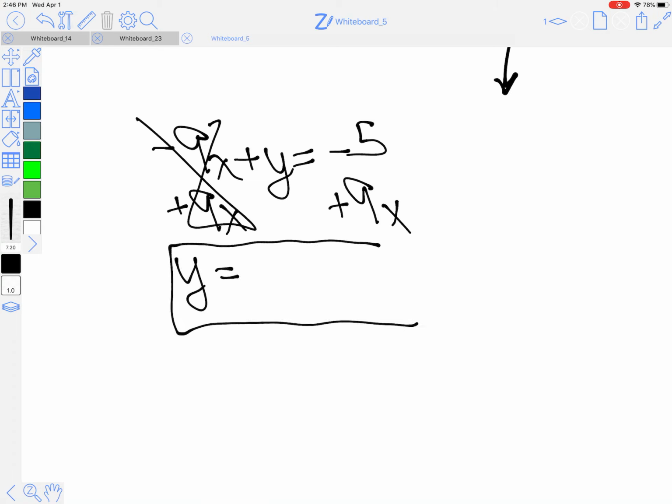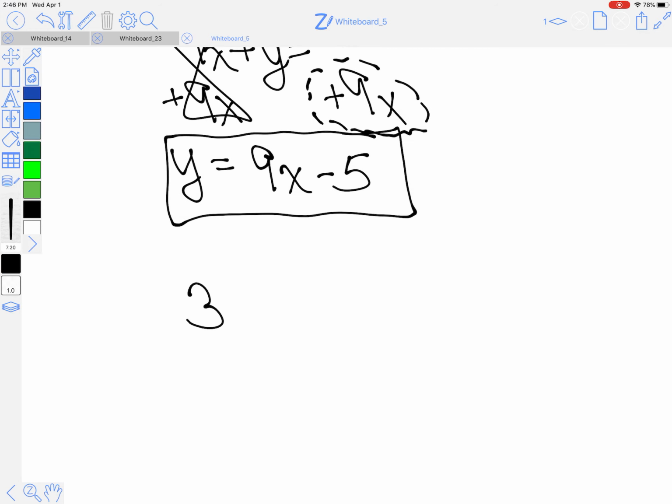And when I write this down again, to emphasize, the x part comes first. That's why I wrote the 9x, and it's positive, so there was no negative sign in front of it. The 9x goes first, and then the minus 5 next. So sometimes you're going to have to rearrange things and get them in the right order.